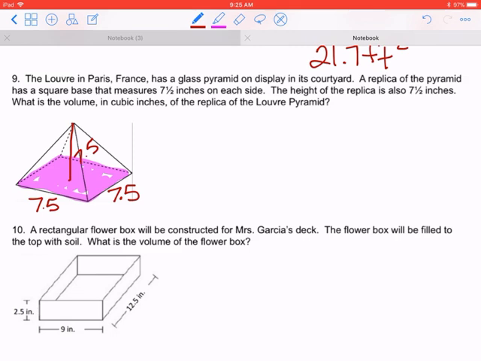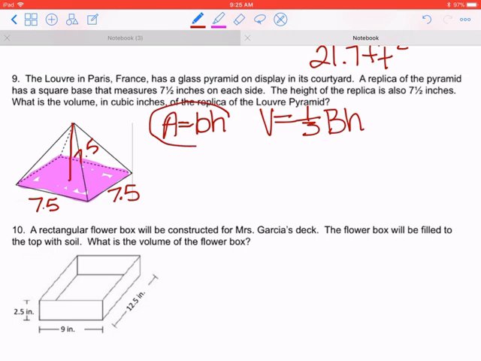Since this is a rectangular pyramid, I'll need to use the rectangular formula for area, which is A equals BH, and I'll need to use the formula for volume of a pyramid, which is V equals 1/3 big BH. The area of the rectangle will replace the big B in my volume formula.